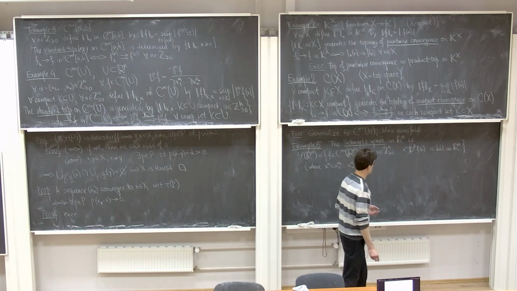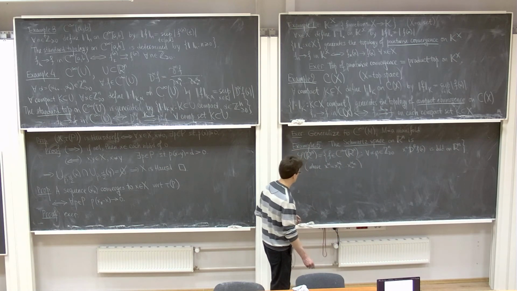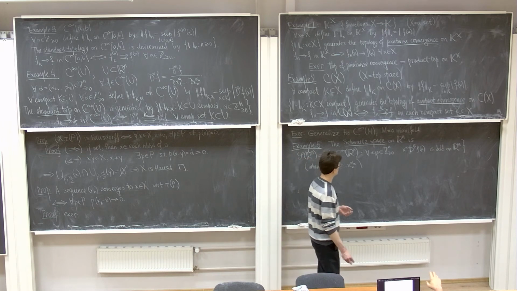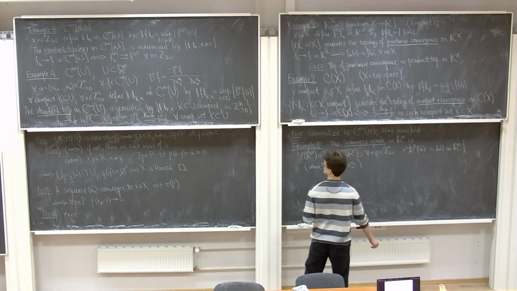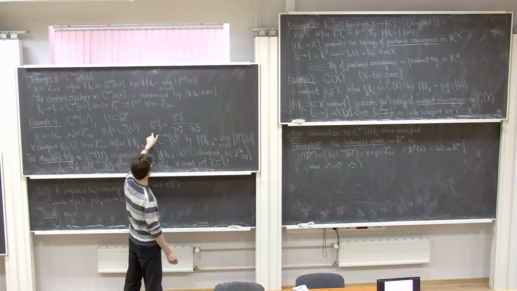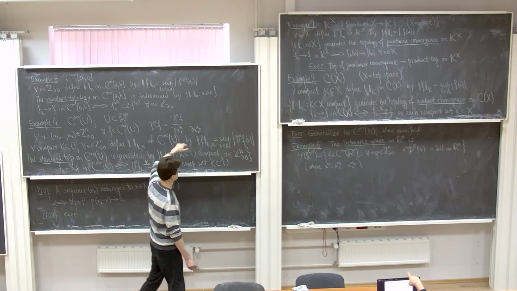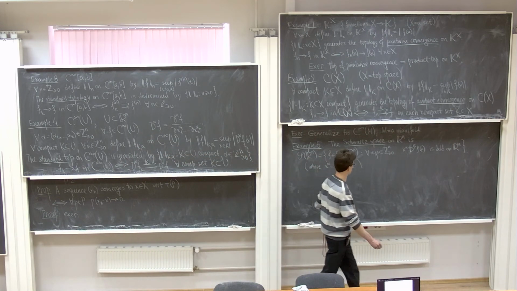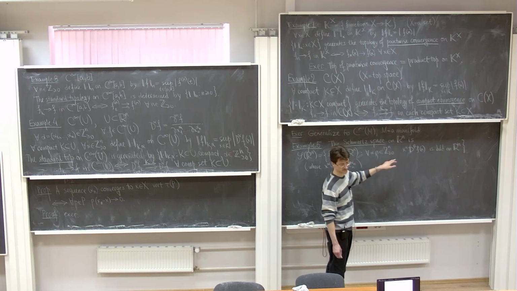The canonical topology on the space is again given by a family of seminorms. Well, I use the same notation as here. We just take the partial derivative. But beta is a multi-index. Alpha is a multi-index and beta is a multi-index.